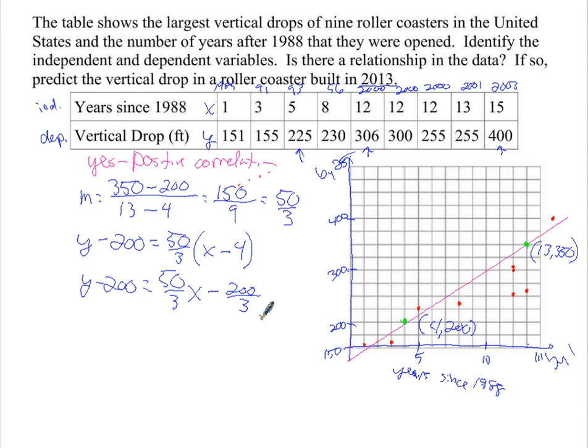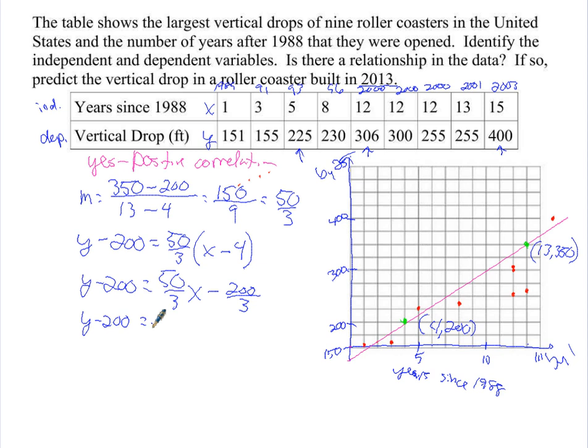Now on these types of problems, you can go to decimal, round to 3 decimal places, that'd be fine. So y minus 200 equals, what is 50 divided by 3? Like 16.6 repeating? Press enter on your calculator.